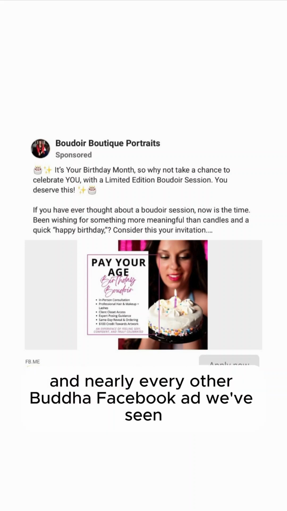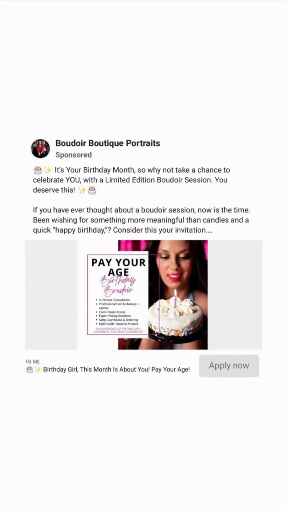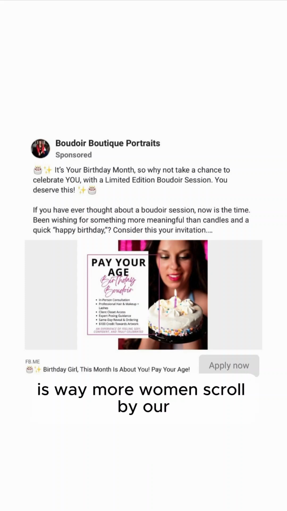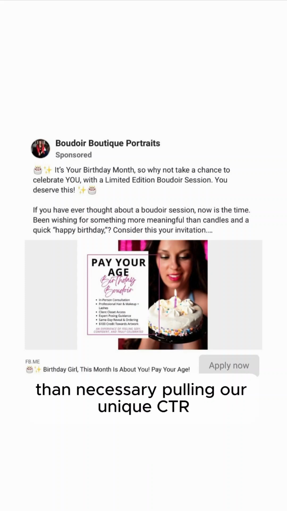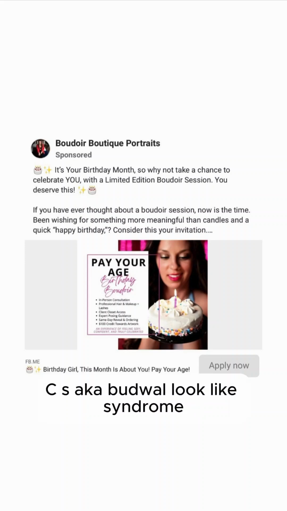And nearly every other Boudoir Facebook ad we've seen looks like an ad. The consequence of this is way more women scroll by our ad than necessary, pulling our unique CTR under 6% and contributing to BLCS, aka Boudoir low click syndrome.